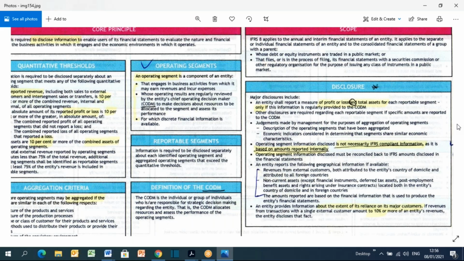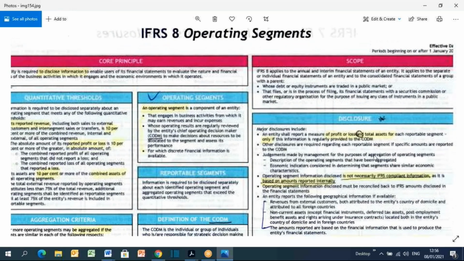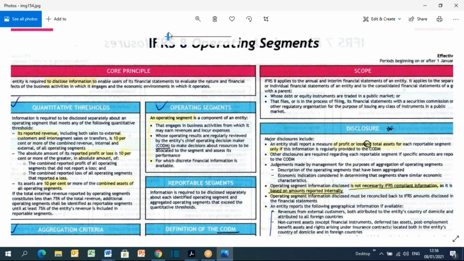So you should also remember that it should be internally generated information, not IFRS compliant. So if you get this information, you should remember this bit.